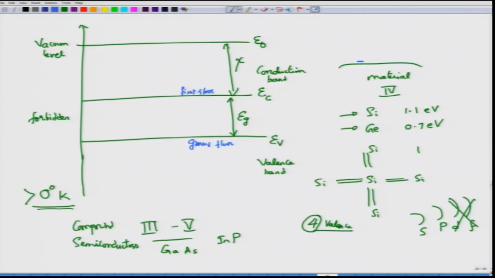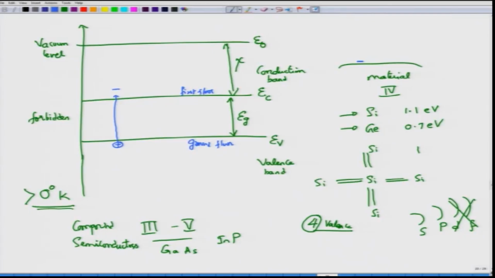In semiconductors it is possible that an electron which is bound here can be excited across the band where it becomes free, and when it does so it leaves behind a hole, which has a charge opposite that of the electron, that is, it is a positively charged atom, and this is actually a vacancy.